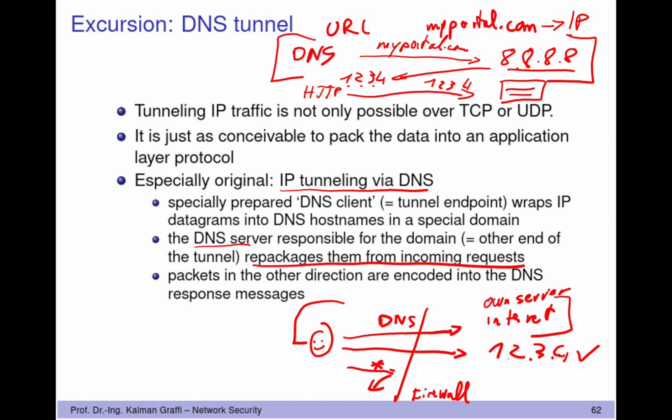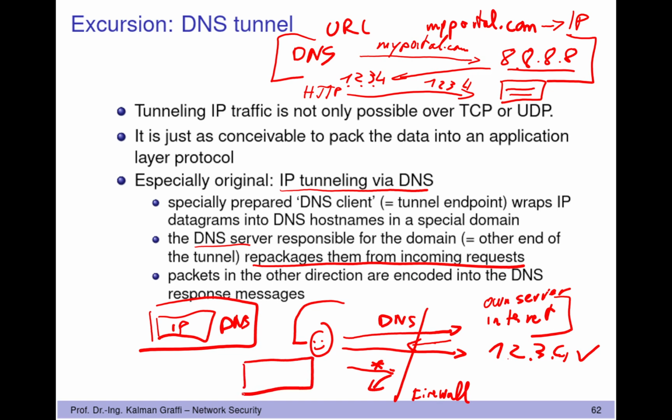So basically all of your IP packets are somehow packed into a DNS query and sent to your own server. Your own server will unpack it, forward it to the IP address, get the response from the website you want to visit, and send the response back, also embodied in a DNS response.